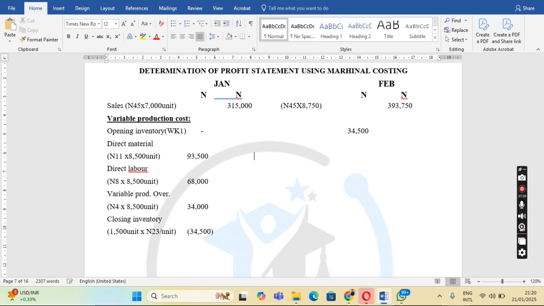So you will still have the same thing when you have your direct material. Sometimes the direct material for January may be different from February in the question. But in this case, we only have one direct material, so we will assume that direct material is the same for January as well as February. But they have different production.